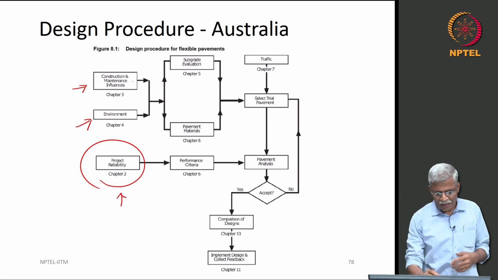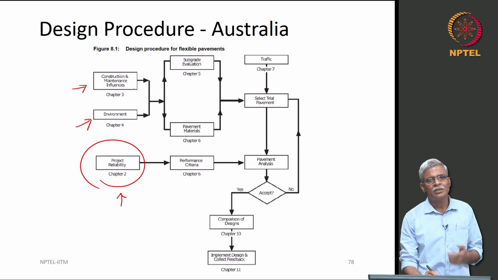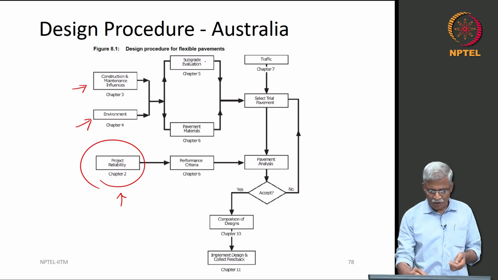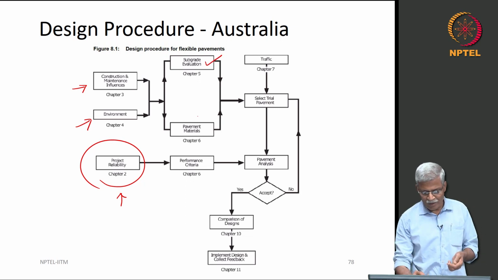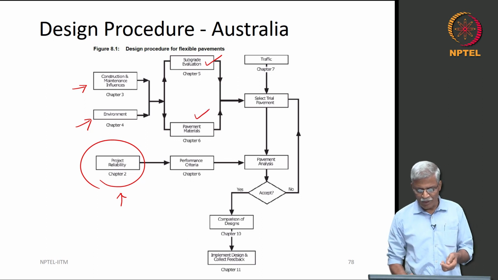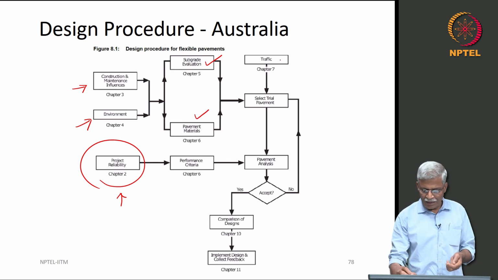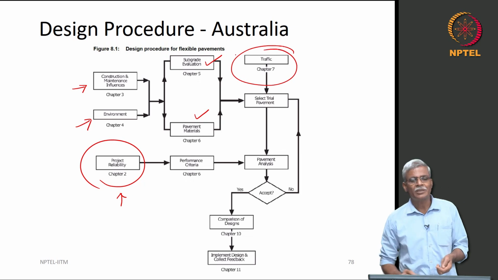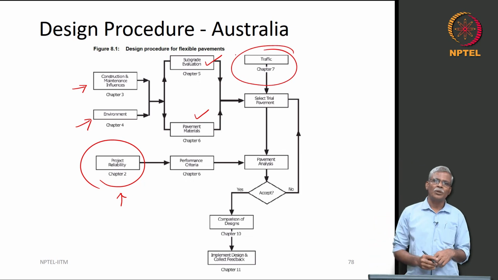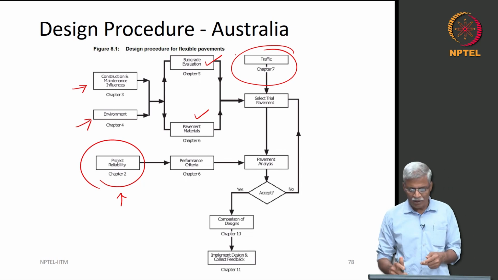Now, including the construction and maintenance influences and environment, you are talking about subgrade evaluation, you are talking about pavement materials. Then comes a very important chapter, which is what I am going to cover in today's lecture, which is on traffic.